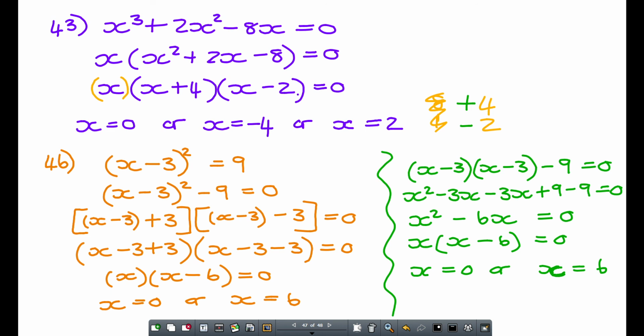Did you put everything over minus 3? X to the power of 2 and then equal to 9.